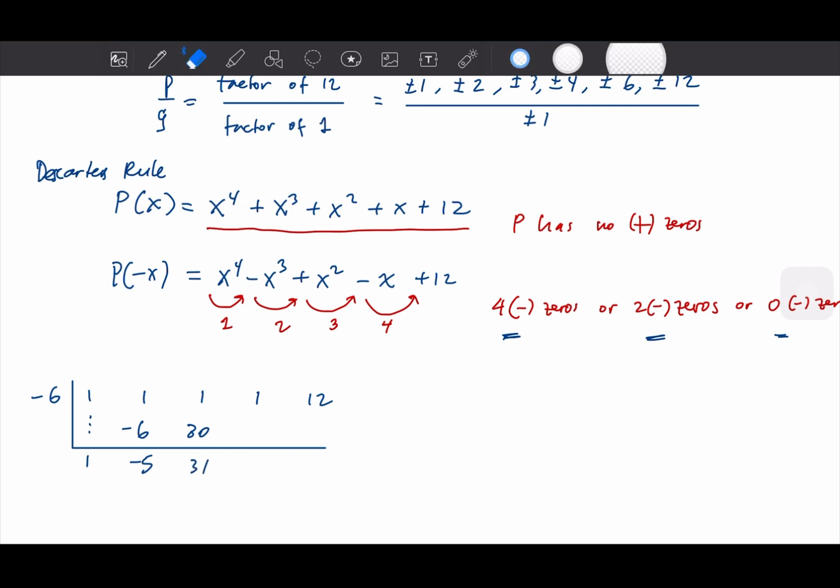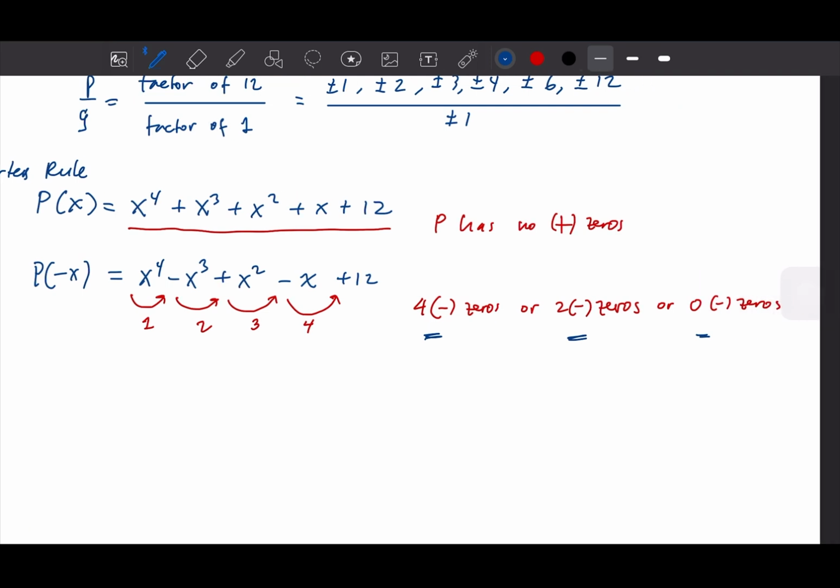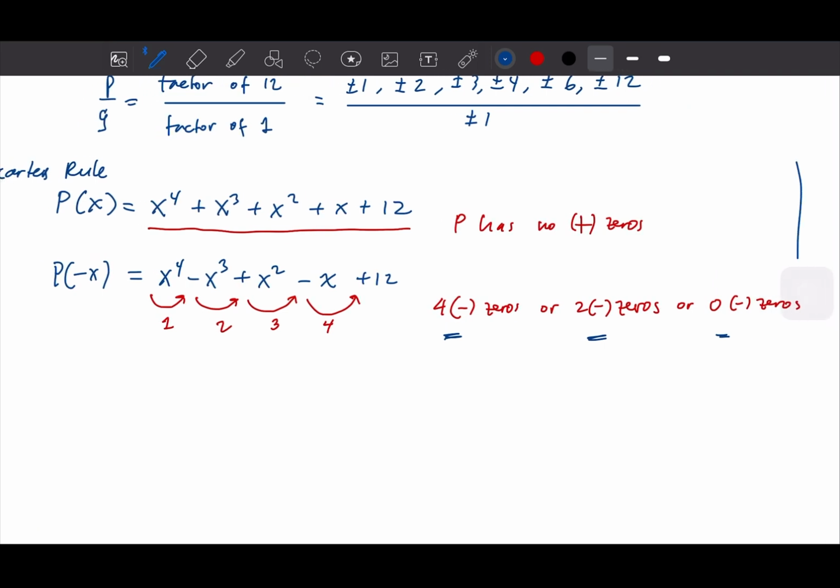Well, perhaps there's no negative zeros. So perhaps all the zeros are a complex number. It's possible.